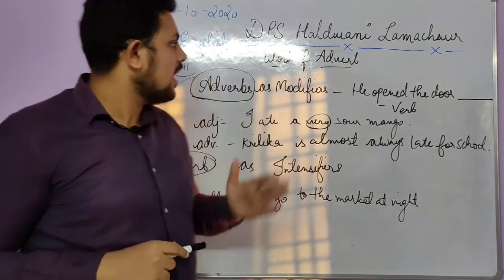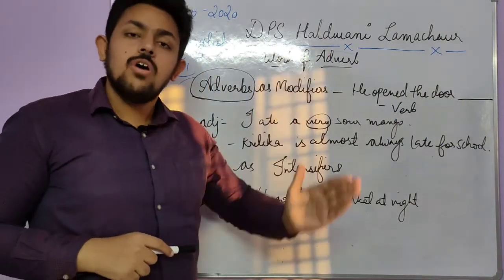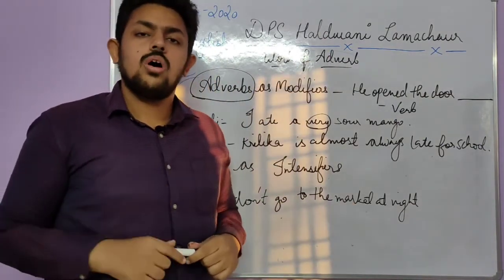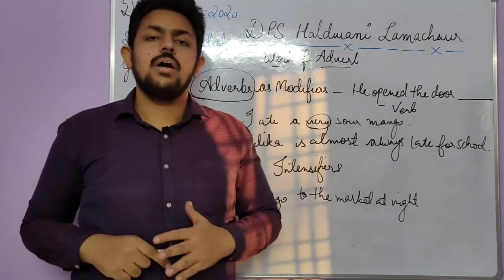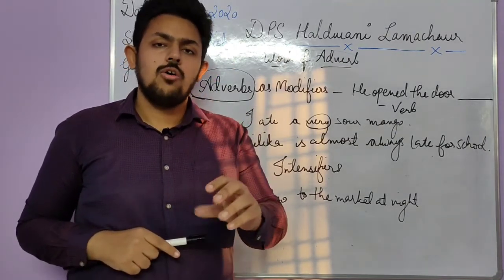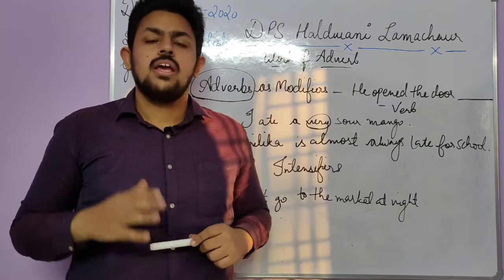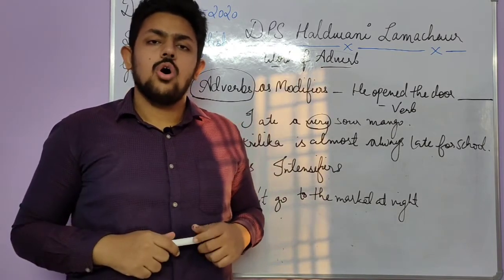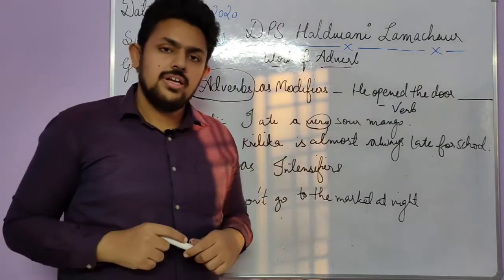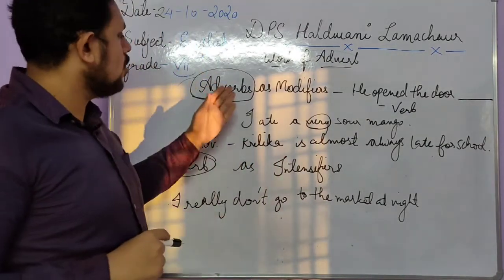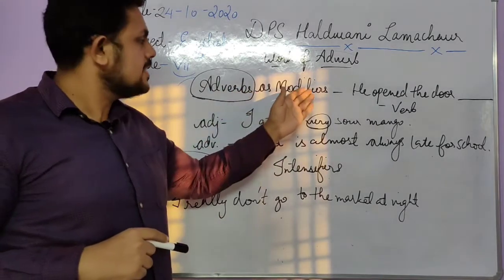So we have the work of adverbs. What work does an adverb do? It was clear in the meaning that an adverb adds something to the meaning of a verb, an adjective or another adverb. Now see what work it really does. First of all, see adverbs as modifiers.